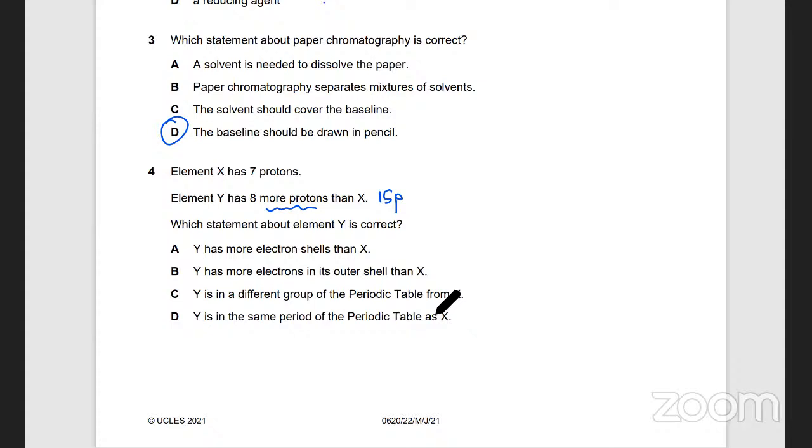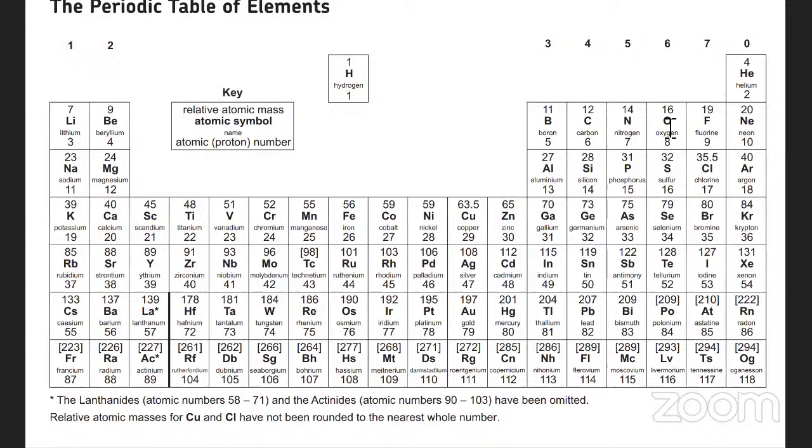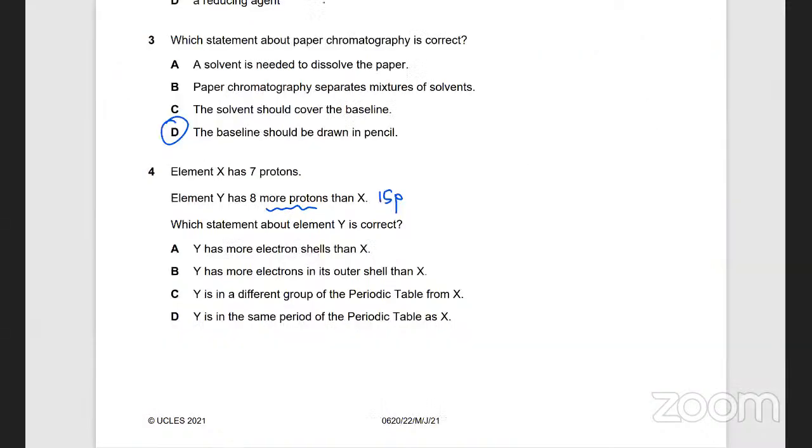कौन सा स्टेटमेंट करेक्ट है? And remember, these two are right next to each other. Shadja, which one is correct?